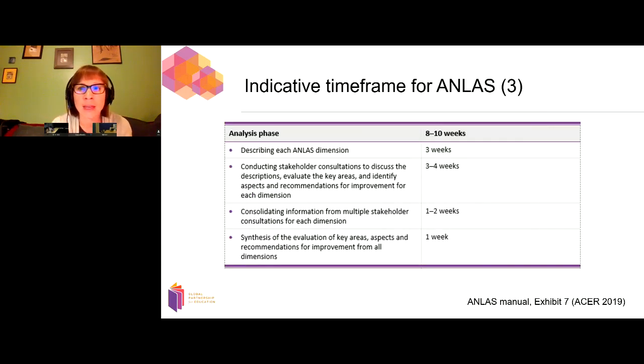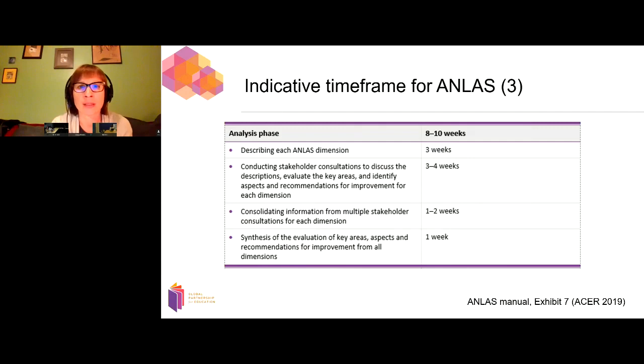Next, please. The analysis phase can take anything between 8 and 10 weeks, with different durations for each of the phases, but this depends on the more detailed planning at the country level and how the analysis is structured and implemented based on the implementation plan. Next, please.